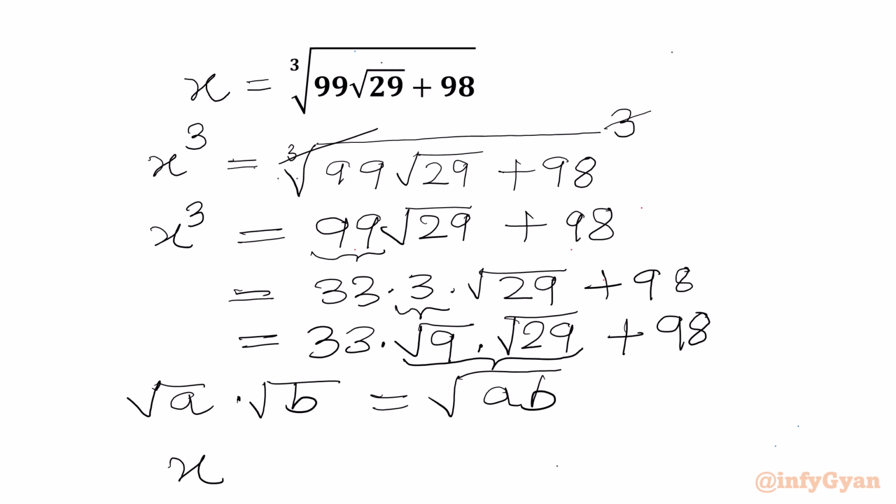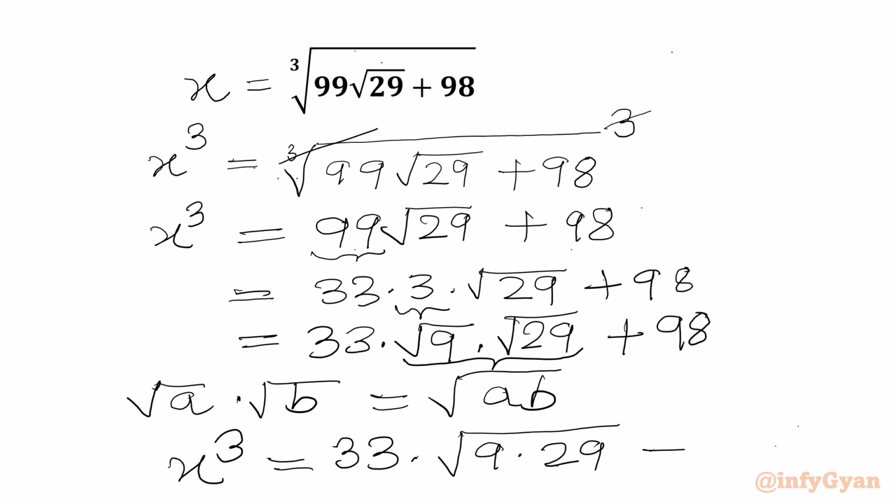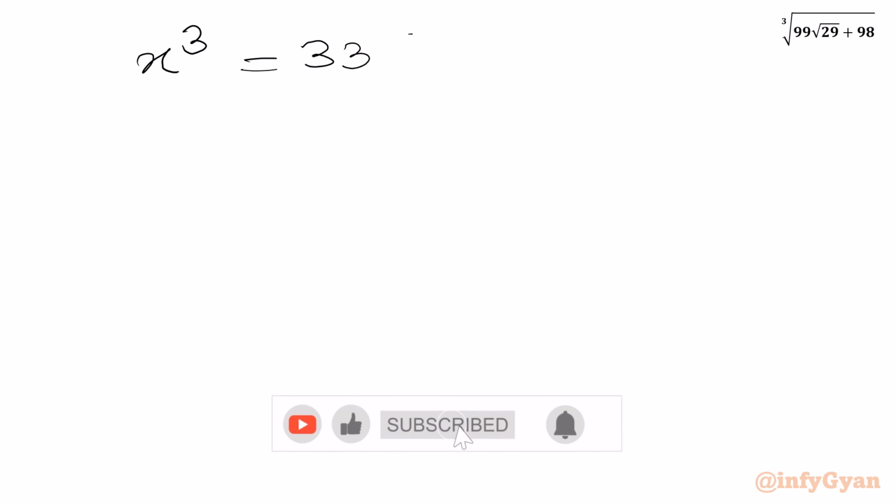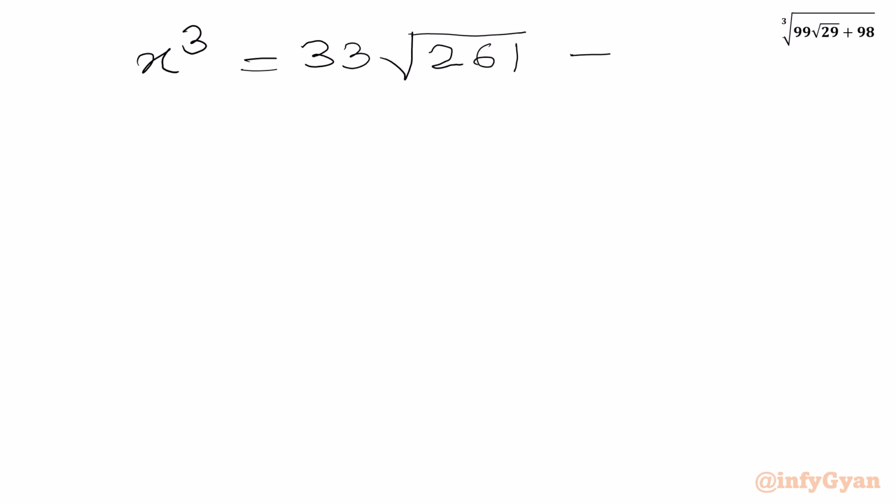So we can write x cube equal to 33 times square root of 9 times 29 in product form as radicand, plus 98. Now 9 times 29 is 261. So I can write x cube equal to 33 times square root 261 plus 98.